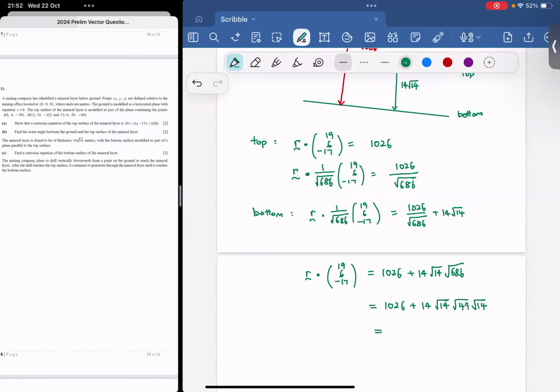What a nice number. 14 times 14 times 49 plus 1026 is 10630. So the bottom surface will be 19x plus 6y minus 17z equals to 10630.